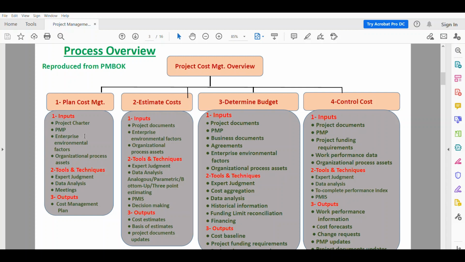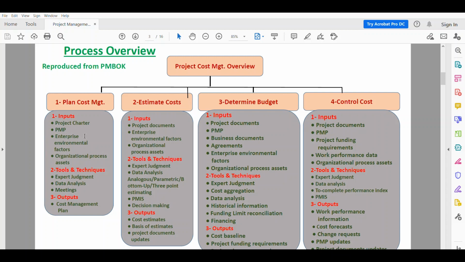And there are three tools and techniques to use to plan the cost management. And the output is going to be the cost management plan. And so on for the others: estimate cost, determine budget, and control cost. There are inputs, tools and techniques, and outputs.